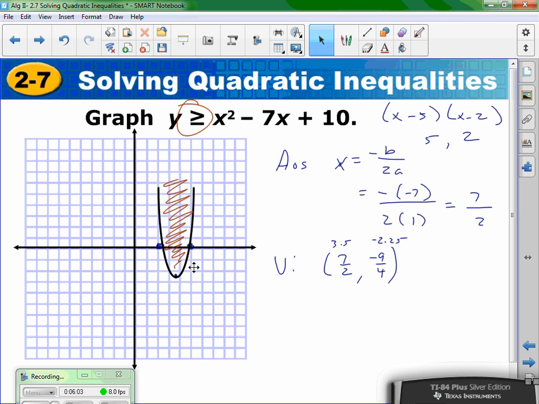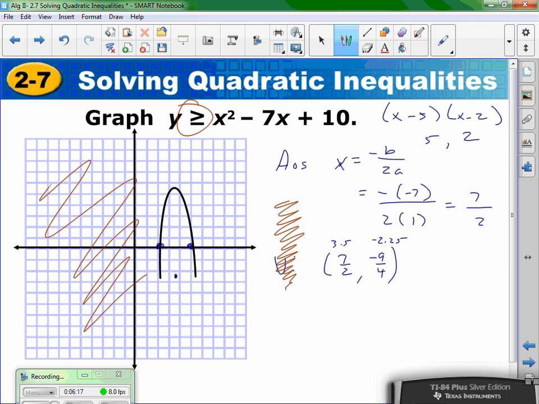But what happens, let me move that so I can grab that. If the graph was like this, where is greater than? It's above it. So actually above the line is all of this stuff. I can't say greater than is going to shade inside. But I can say if it's greater than, it shades above the line. Let's go back to what we had.